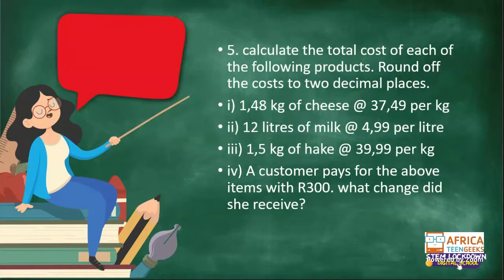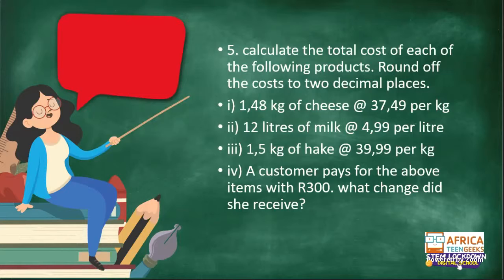All right, how did you find that? Initially they said 1 kg equals 39.99. So if you want to get 500 gram, you're going to say 39.99 divided by 2. Then when you get that answer, you're going to add it to the 39.99.